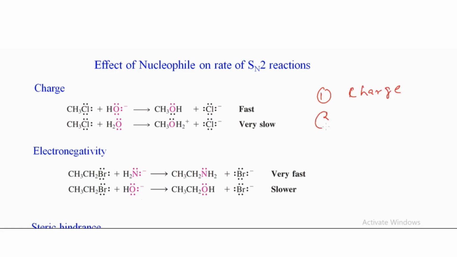The second is based on electronegativity. And the third is steric hindrance, or bulkiness of the nucleophile.